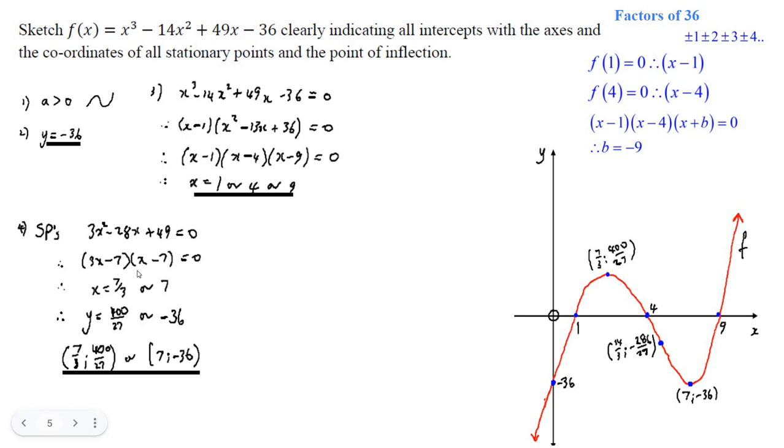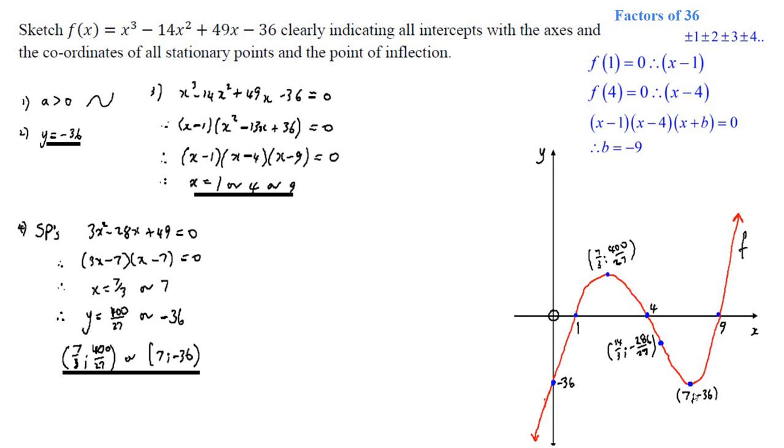You take the x values, put them back into the original equation, and you get 2 scary numbers. You get 400 over 27. The turning point is 7 over 3 and 400 over 27, right over here. And 7 is the other one. If you put 7 into the original equation, you get minus 36 out.